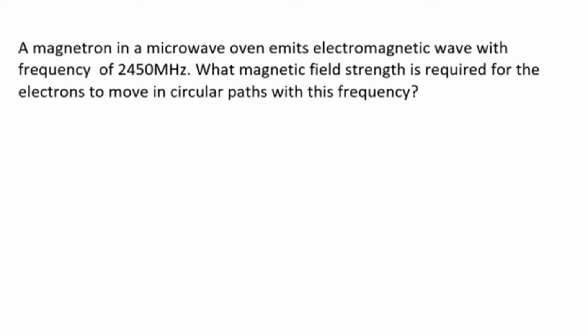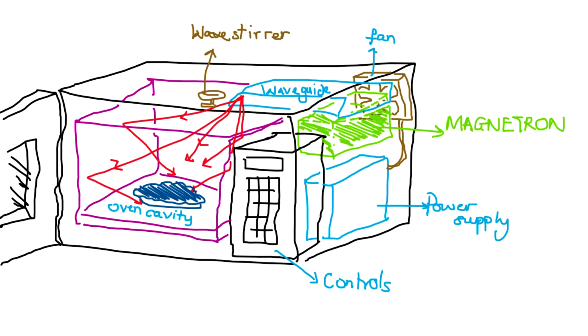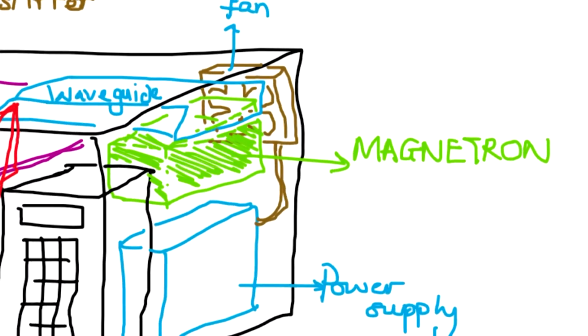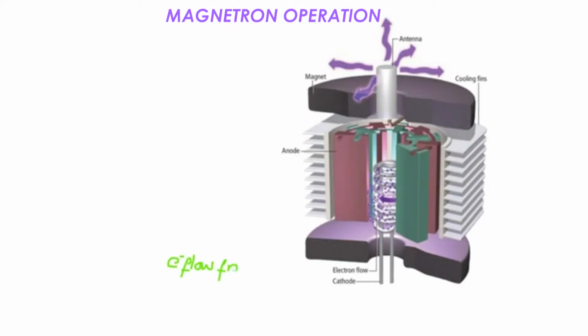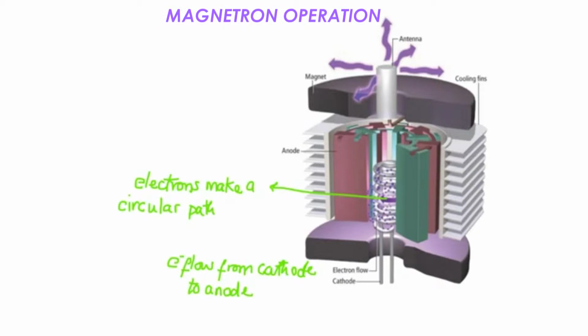We're going to dive into a specific word problem involving a particular physics topic, which is electric fields and magnetic fields, and we're going to apply this to a particular object, which in this case are electrons. This question deals with a magnetron in a microwave oven, which emits an electromagnetic wave with a frequency of around 2450 megahertz, which is the unit for frequency, hertz.